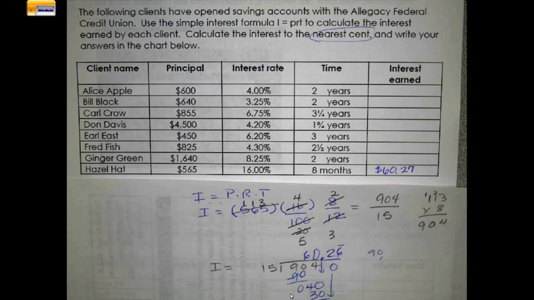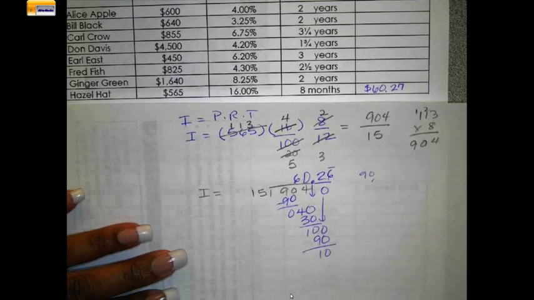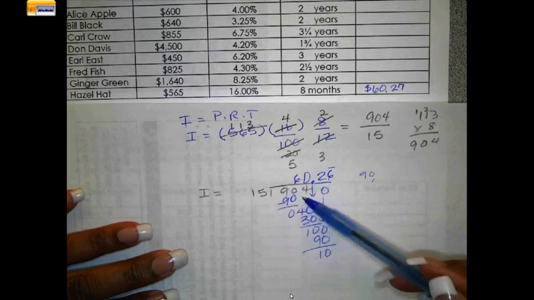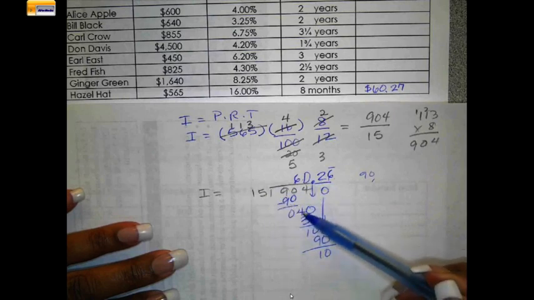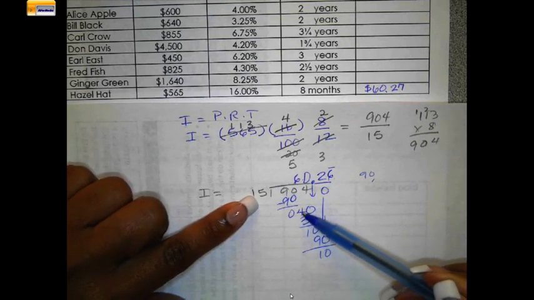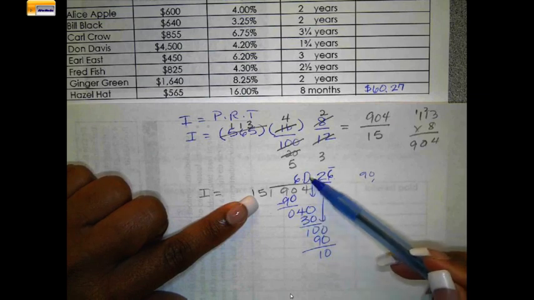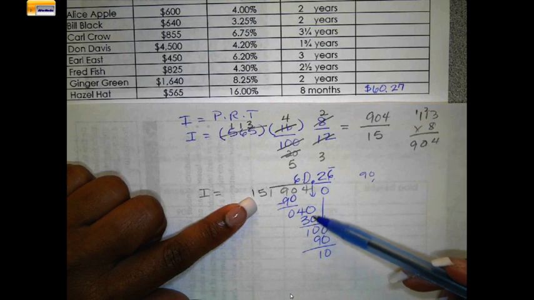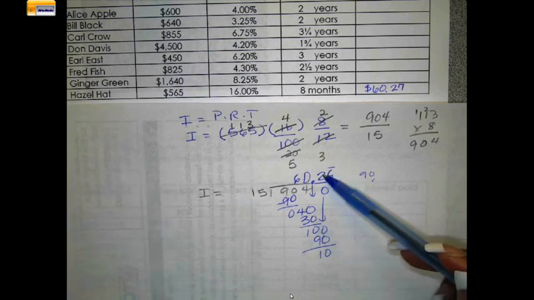50? Where did you get a 5 from? See, when we come up here and we have 6 times 15 is 90, you have a 4, and 15 can't go into 4, so that's a 0. But 15 can only go into 40 2 times, not 5 times.